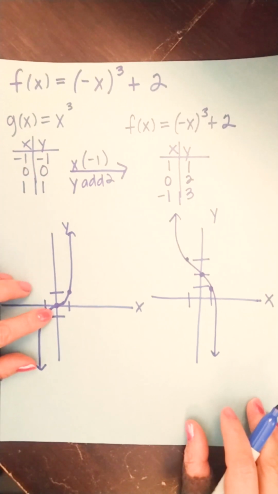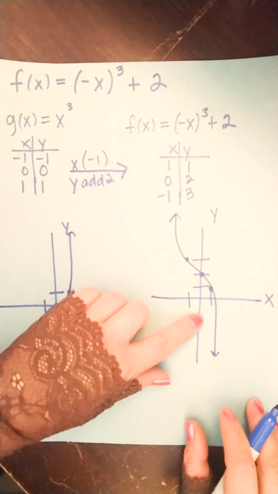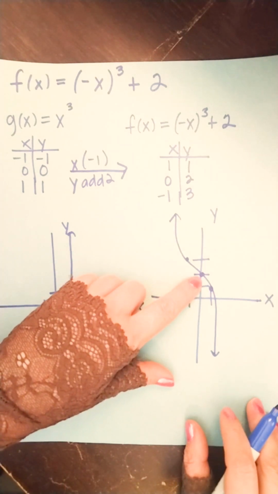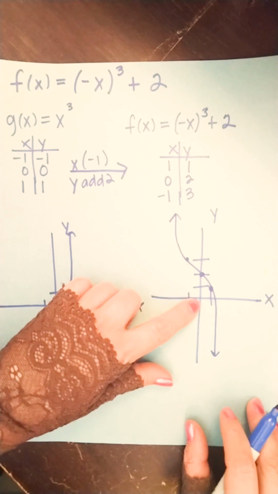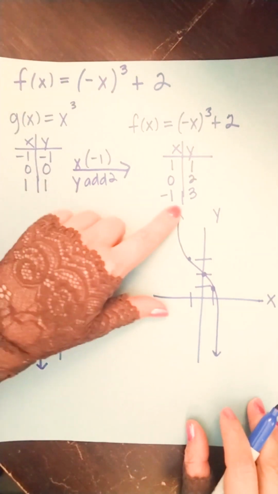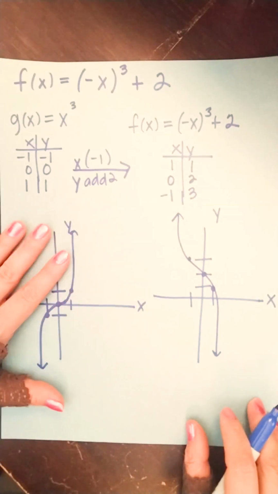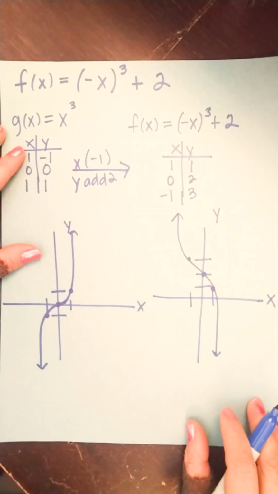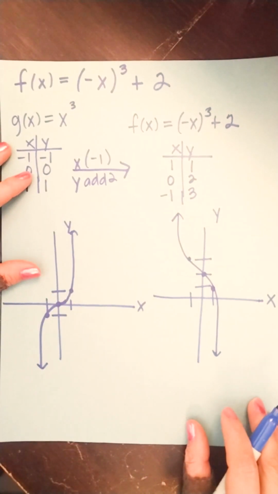And you can clearly see that from the 0, 0 point, the origin, it went 1 and then 1 more. So here it is now. It was at 0, 0, and now it's at 0, 2, and we can see that from here. So of course, all the points on this graph got moved. We just followed 3 of them.